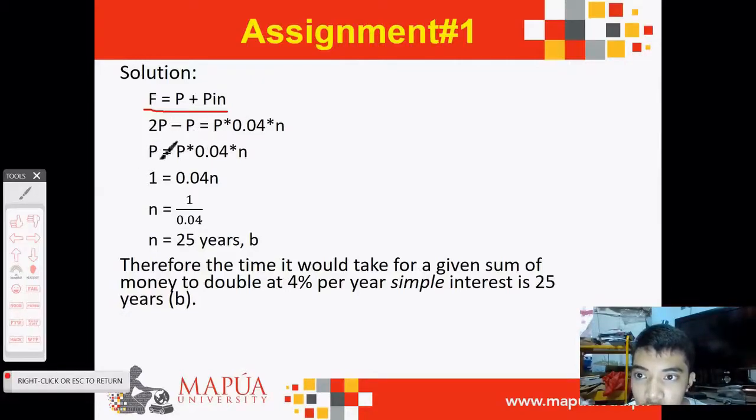Then cancel P, we'll have 1 is equal to 0.04 n, then n is equal to 1 over 0.04. We have n is equal to 25 years, which is letter B.